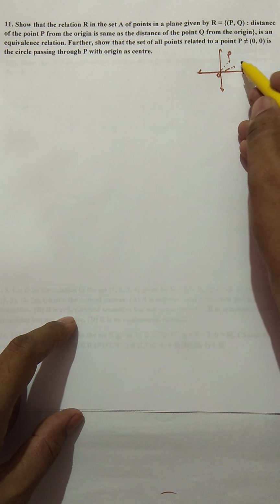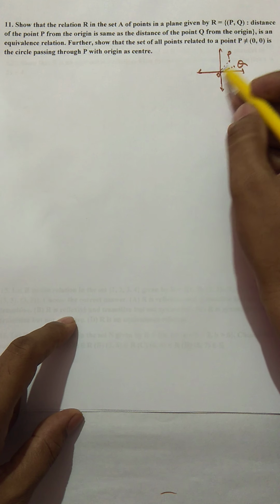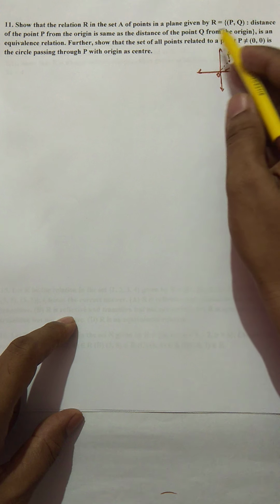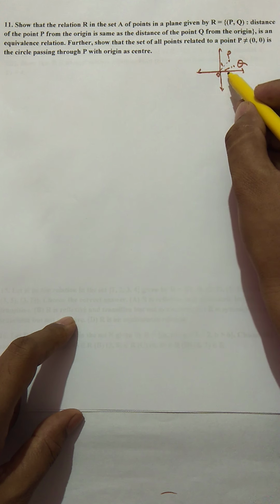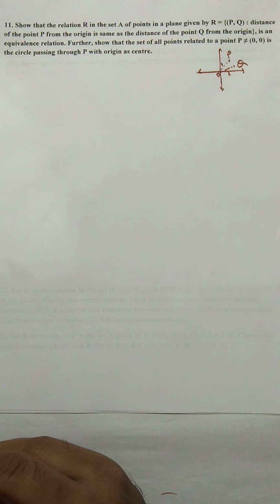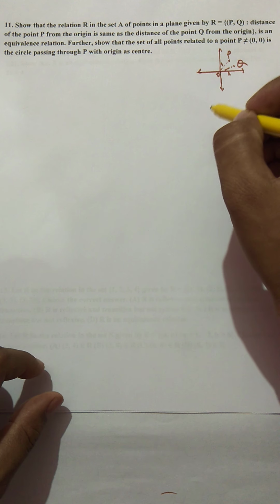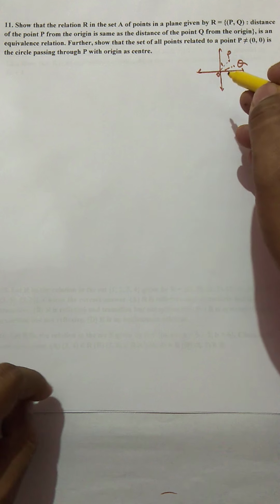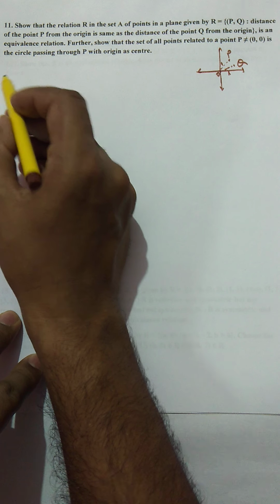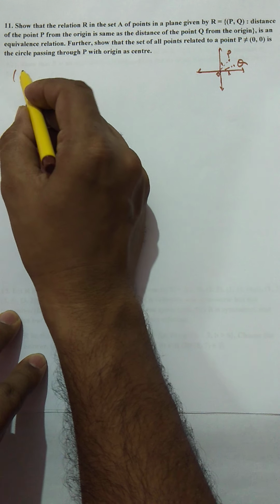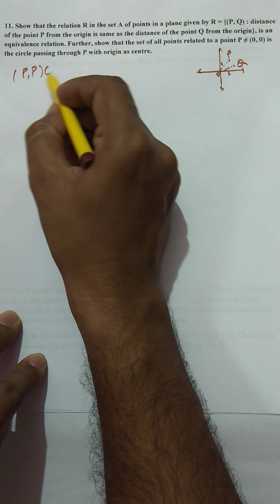Let's say this is another point, this is Q. This PQ can be in relation because the distance OP is 1 and the distance OQ is 1, and there can be infinite number of points whose distance can be equal to OP.